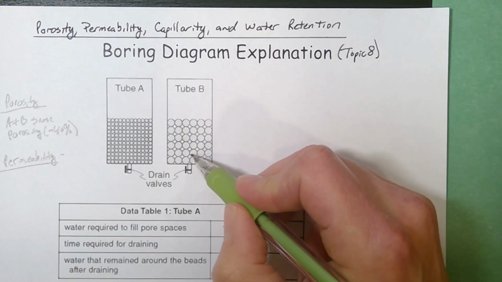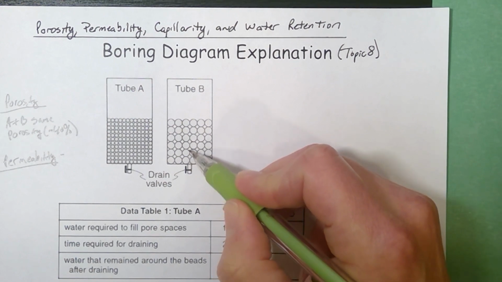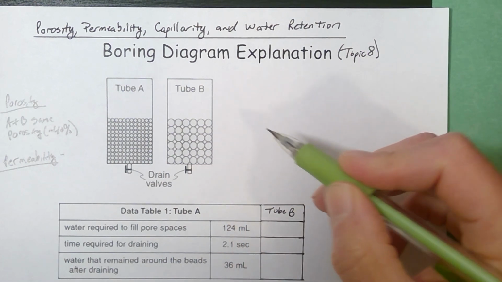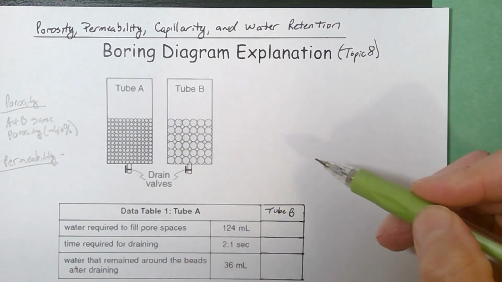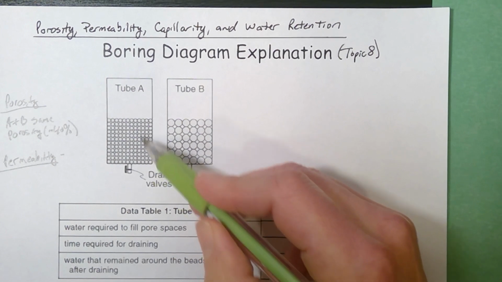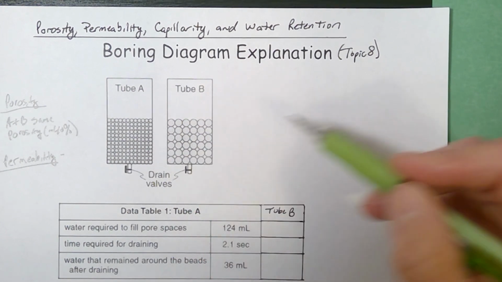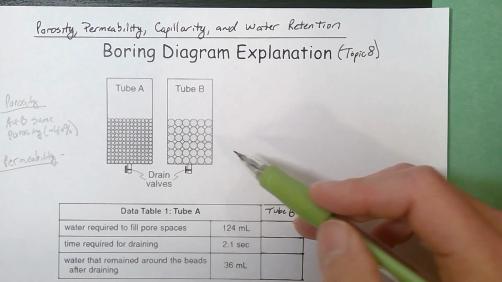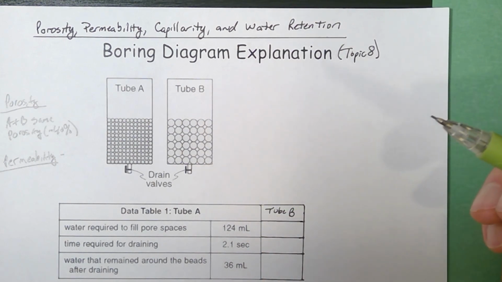Now, it's much easier for water to flow through fewer large hole spaces or pores than it is through a lot of tiny little pores. This is going to have more friction. It's going to be in contact with more surface area. So tube B would definitely have the higher permeability.